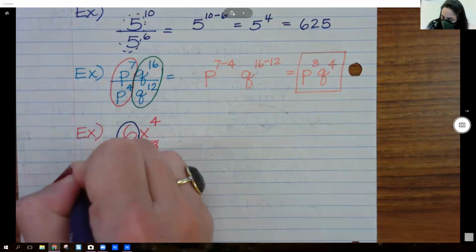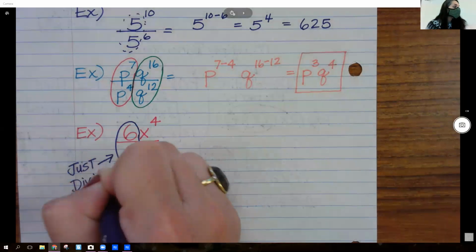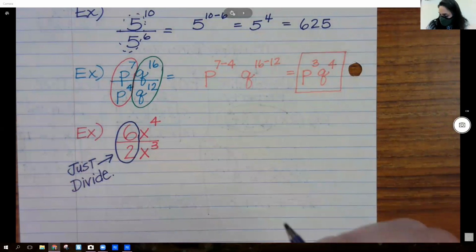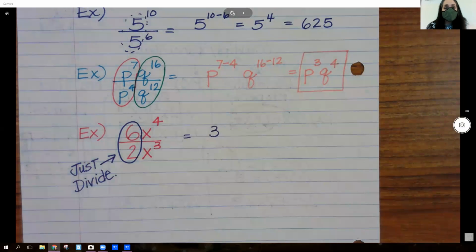Just divide. Like Nike, just do it, just divide it. So all you have to do is divide that, which would be 3, okay? Don't forget what you already know. You know how to do division, so that's all you do with those numbers. The new stuff is with the exponents.